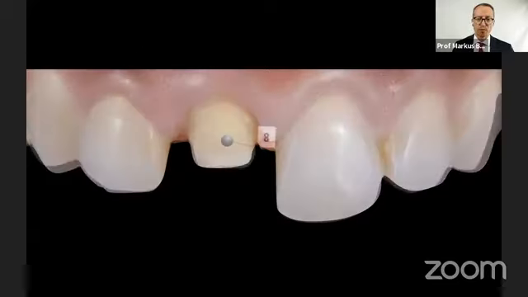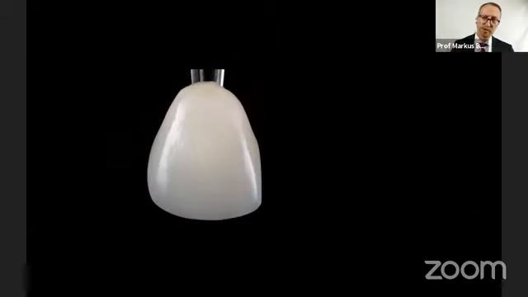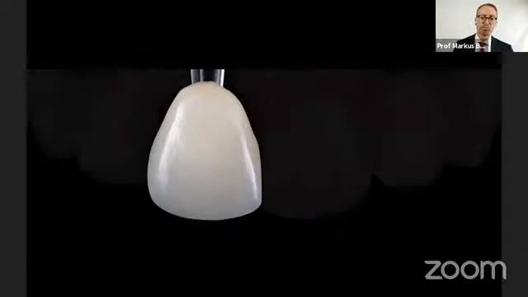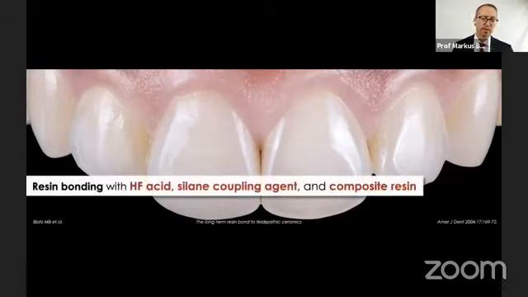If we have a higher degree of translucency, we can use a feldspathic ceramic block, for example, trying to mimic that specific situation closely by selecting the proper, more translucent material, and then finalizing the restoration, which was fabricated in a chairside mode in our in-office laboratory.